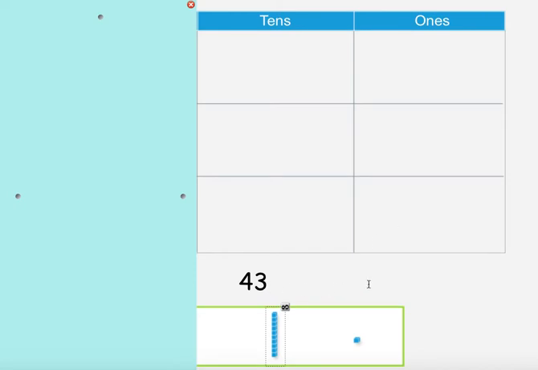How many 1s did you say? That's right, we need 3 1s. Let's drag them over. 1, 2, 3. Let's write our number in. We have 3 1s. How many 10s do we need now in the number 43?